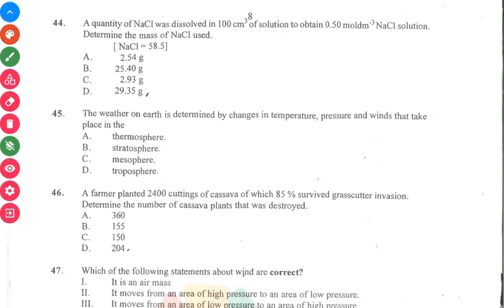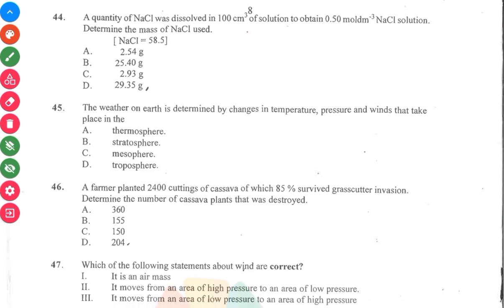Question 44. A quantity of sodium chloride was dissolved in 100 cm cube of solution to obtain 0.50 mole per dm cube solution. Calculate the mass of NaCl used. The volume is 100 cm cube, which is equal to, sorry, 0.1 dm cube.